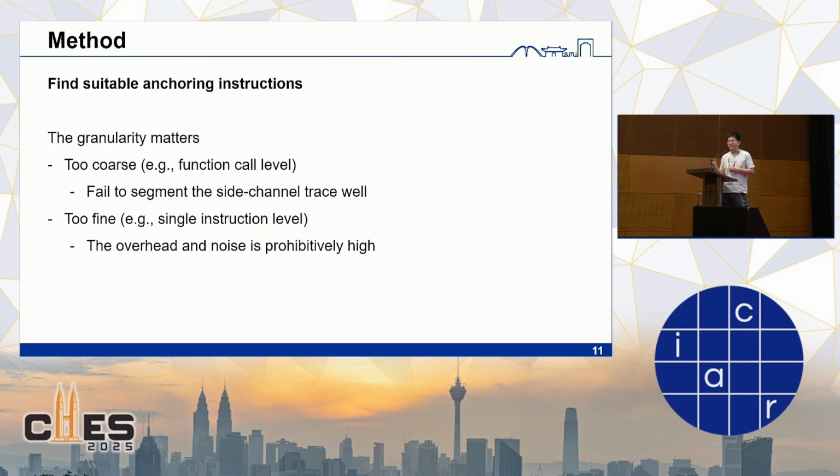One function may contain many operations and may contain many rounds. And if we make it too fine, like for every single instruction, there will be much more overhead and noise in our results.